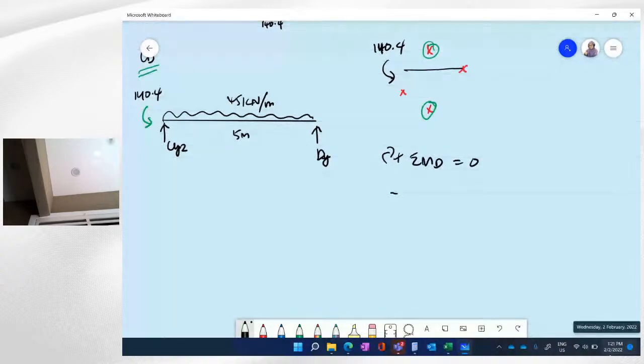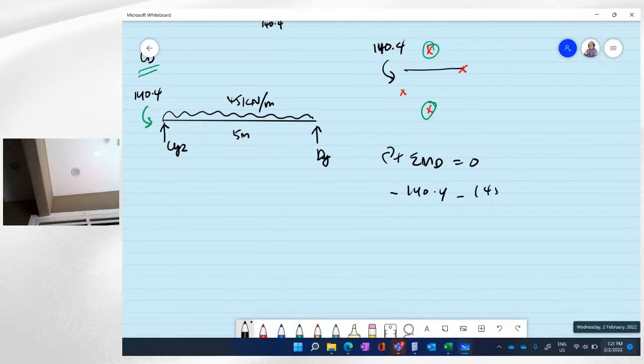It is negative 140.4 minus 45 times 5 times 2.5, plus 5 CY2 is equal to 0.